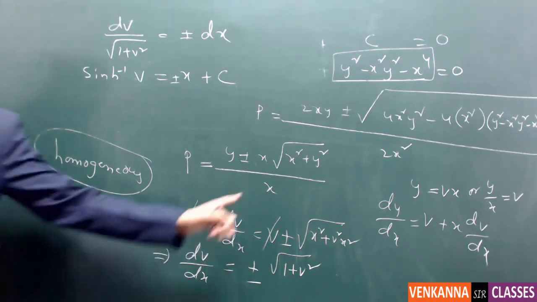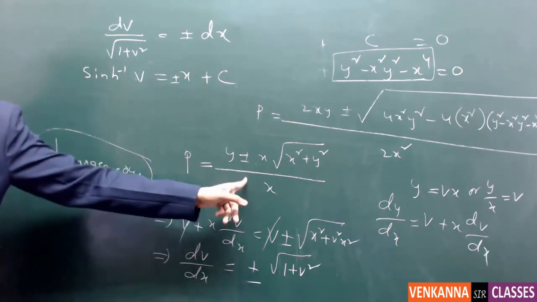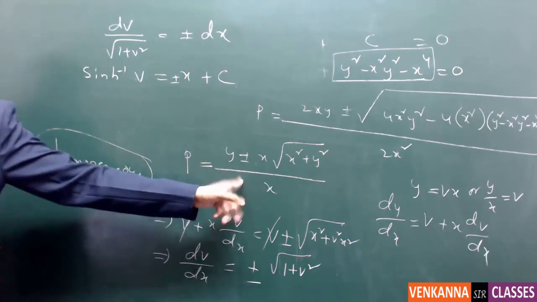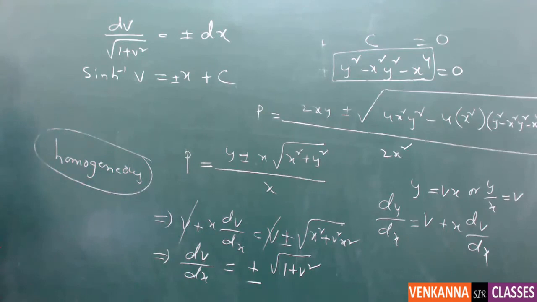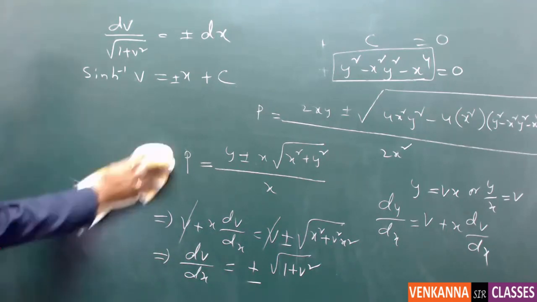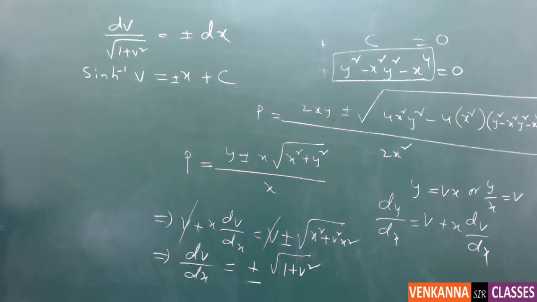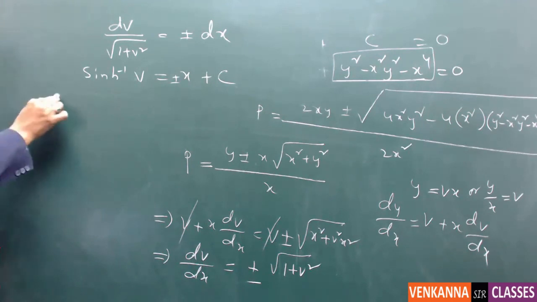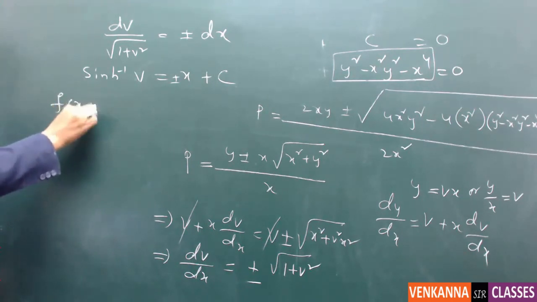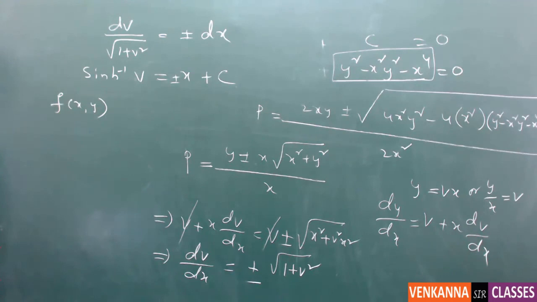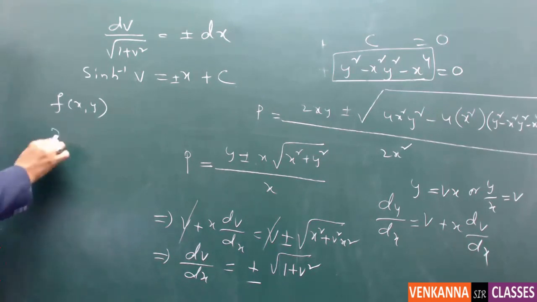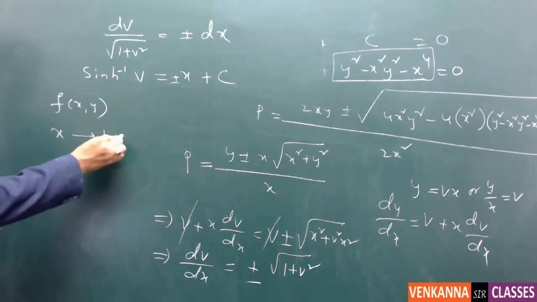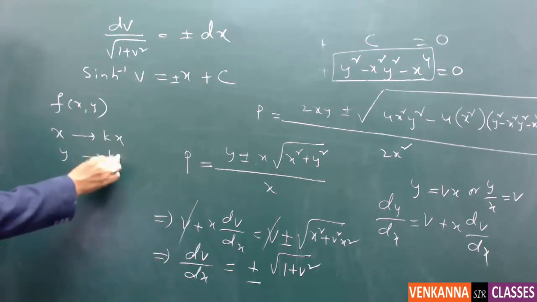Yeah. Here you are asking how it is a homogeneous equation, right? Actually, whenever you take a function f of x, y, we say that it is a homogeneous function of degree 1, 2, 3, 0, etc., provided you replace x with kx and y with ky.